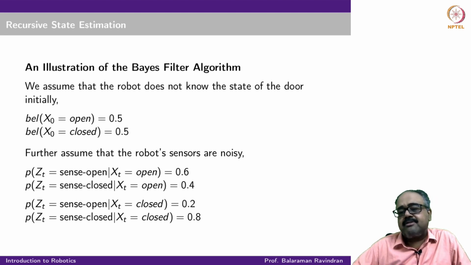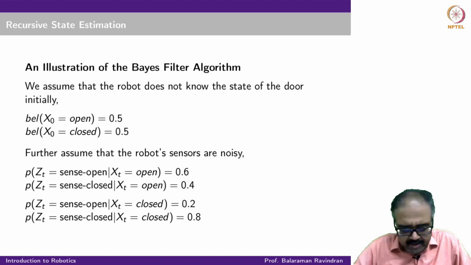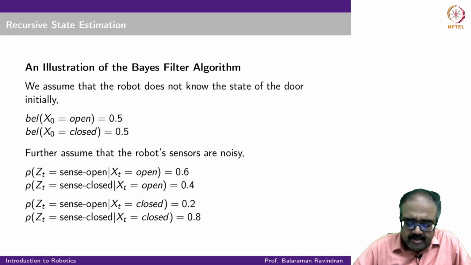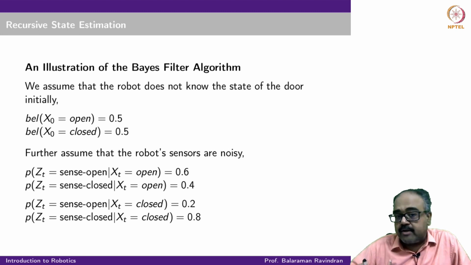These are just numbers that we have for illustration purposes. So you should not really be questioning this too closely as to whether these are realistic numbers or not. But they're not too bad. Is that clear? So now we have the sensor model, the measurement model, that gives you the probability of ZT given XT. XT could take two values, ZT could take two values.